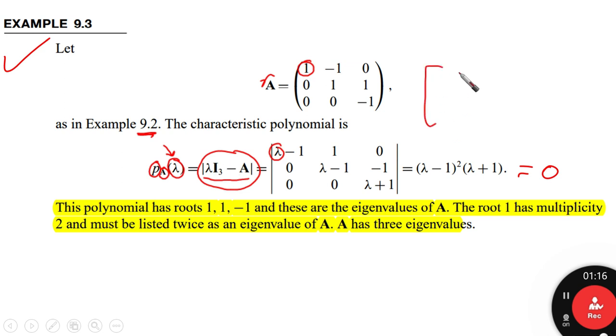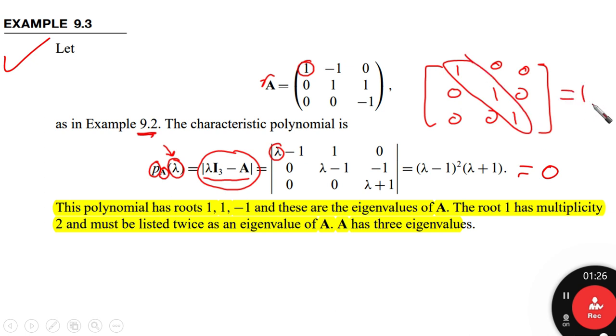If we have I3, it is 1 1 1 on the diagonal and 0 elsewhere, right? So this is I3. In this case here we multiply lambda by 1 and subtract 1 from it. So it is lambda minus 1, and so on for the remaining elements. I think it's easy for you to obtain.